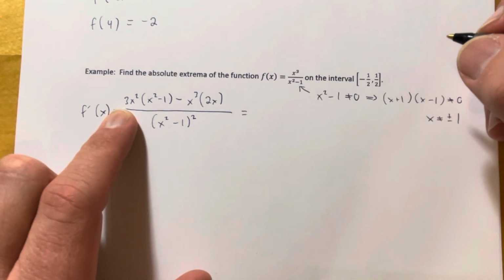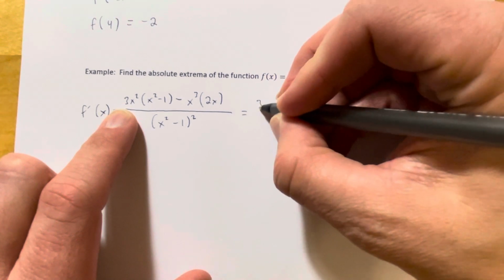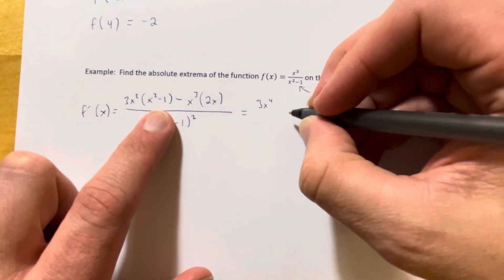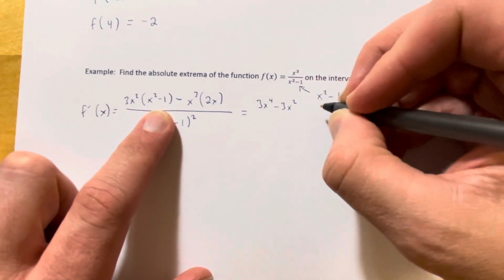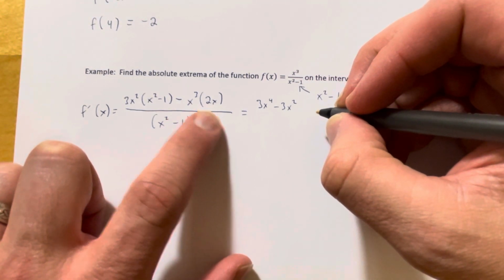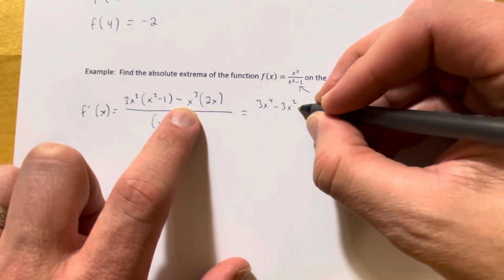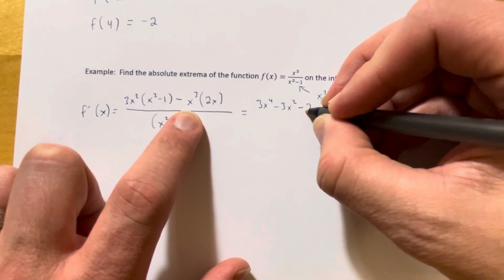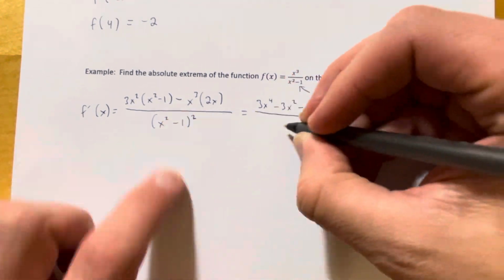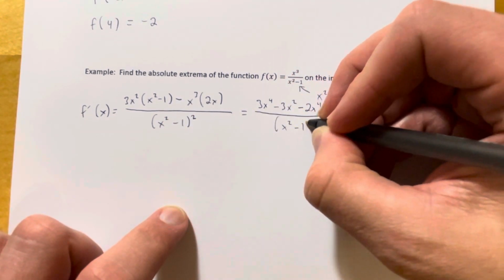If I distribute that 3x squared in, I get 3x to the 4th minus 3x squared. And then when I multiply this 2x by that x cubed, I get negative 2x to the 4th, all over x squared minus 1 squared.